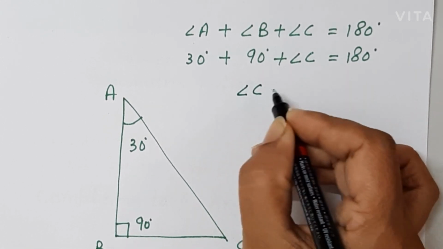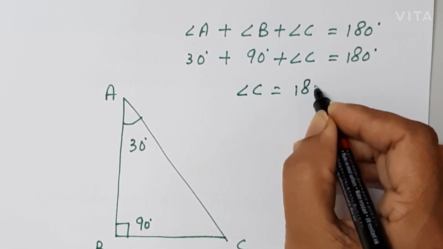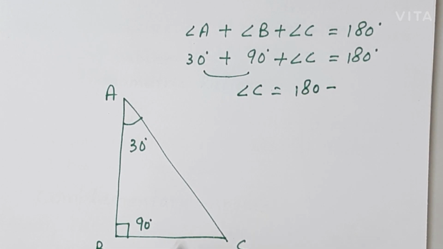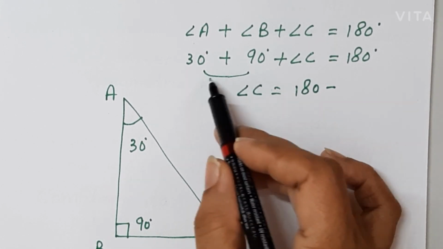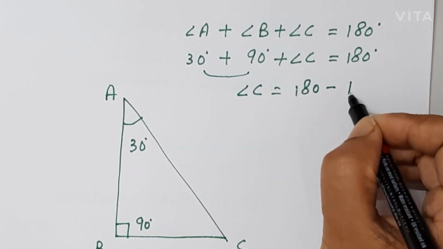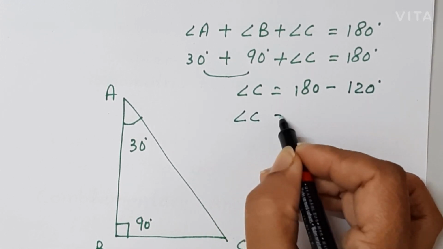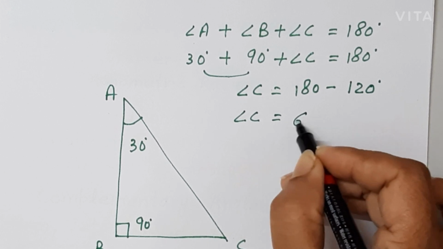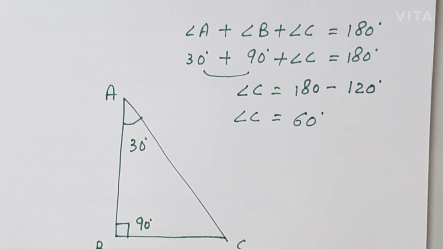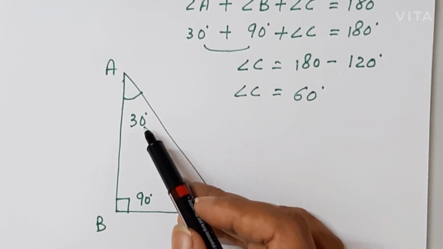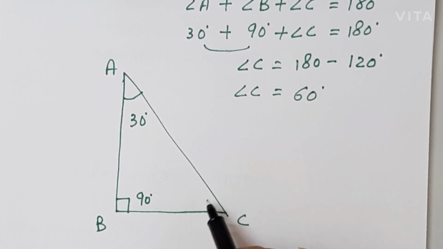So angle C will be 180 minus the sum of these two angles. 90 plus 30 is 120 degrees. So angle C is 60 degrees. Is it clear? So if in any triangle two angles are given, we can easily find the third angle. I hope it is clear to you all.